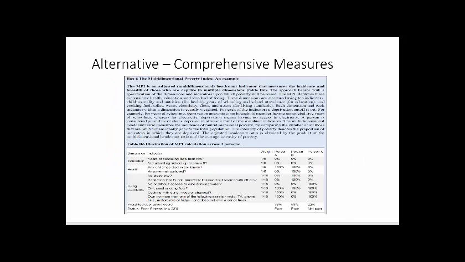So earlier, I had asked the question, are there other ways that we can look at human development, not poverty per se, but human development? So this presents another multidimensional poverty index, which takes into consideration not just money, but also things like education, health, living standards, and so on, and combines them into an aggregate index.